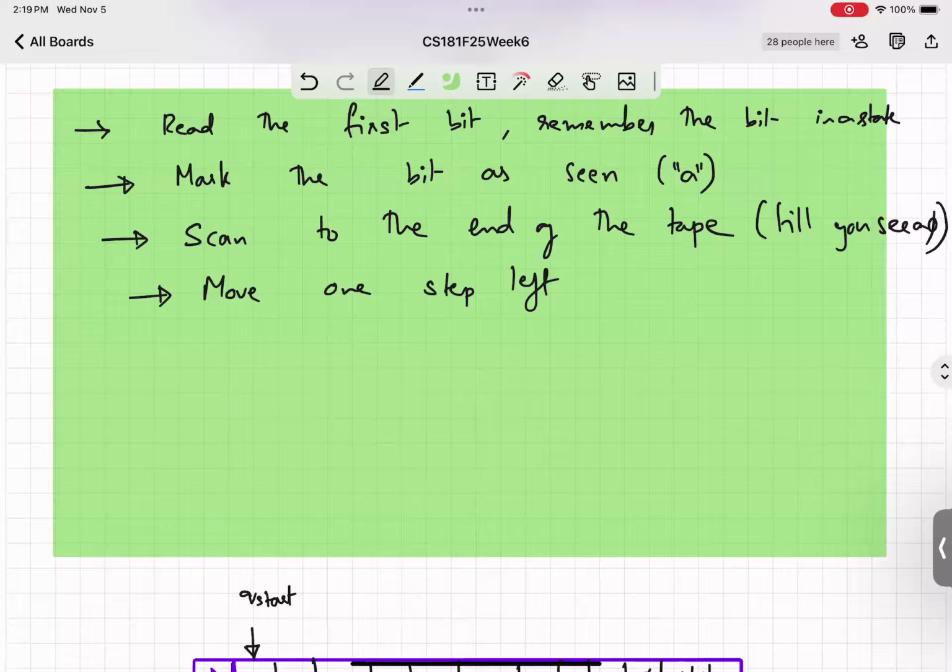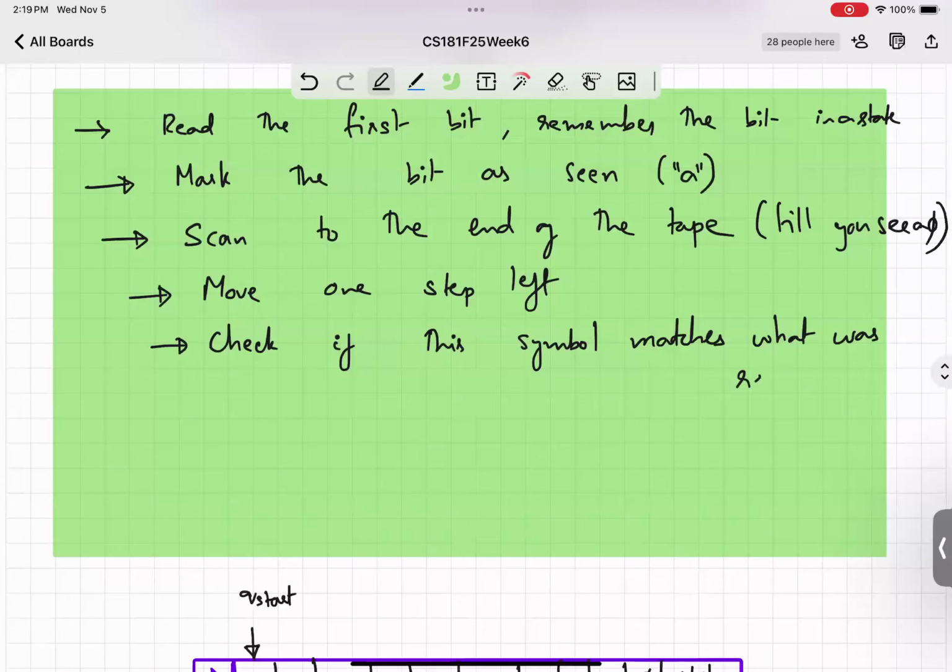Because you reach the end, you come back one step left, and then check if the symbol matches what was remembered.